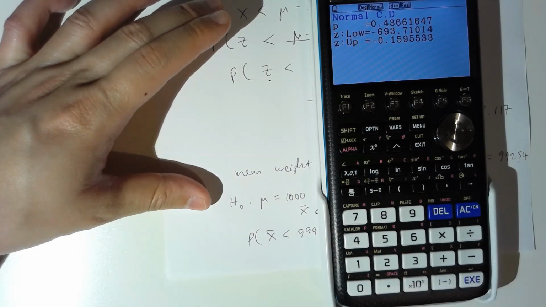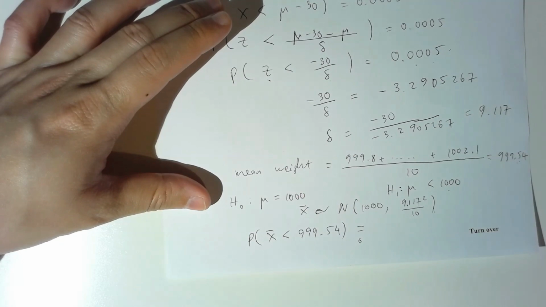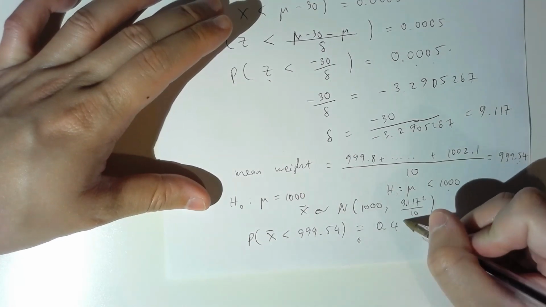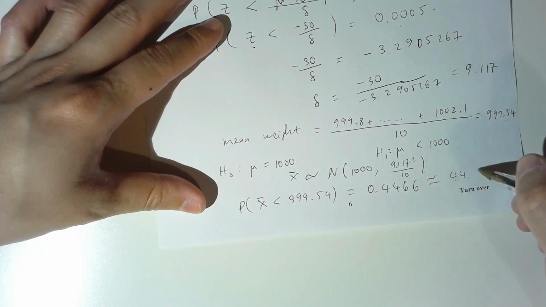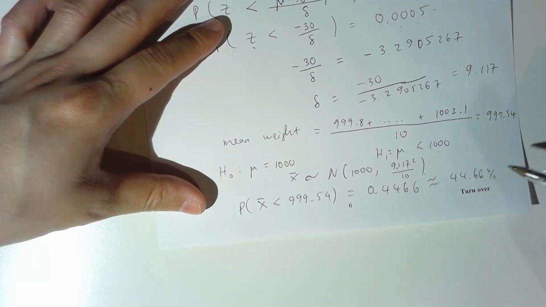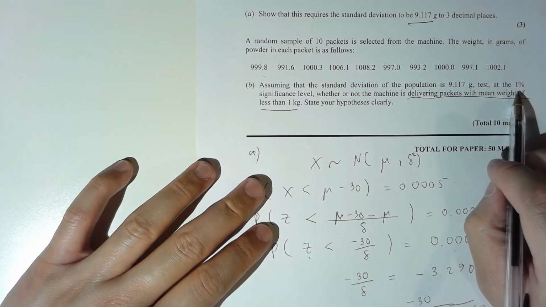I got 43.66%, so 0.4466, approximately 44.66%, compared to the 1% significance level.